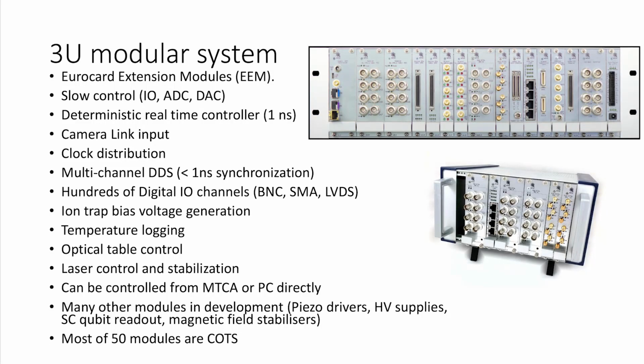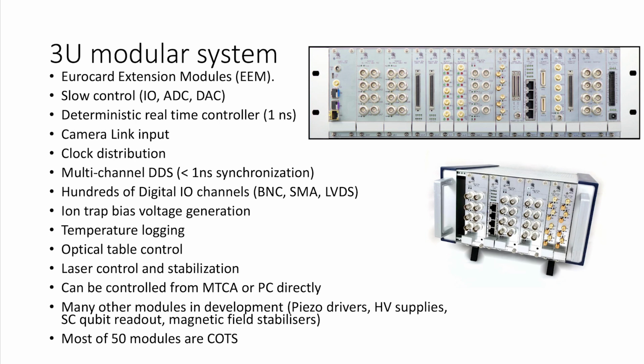So these are the applications for these modules. We call them Eurocard extension modules, simply EEM, because it's simpler. As I said, this is for slow control. You can buy a small crate, big crate, double crate. This is the controller. These are the IOs. These are low-speed DACs.